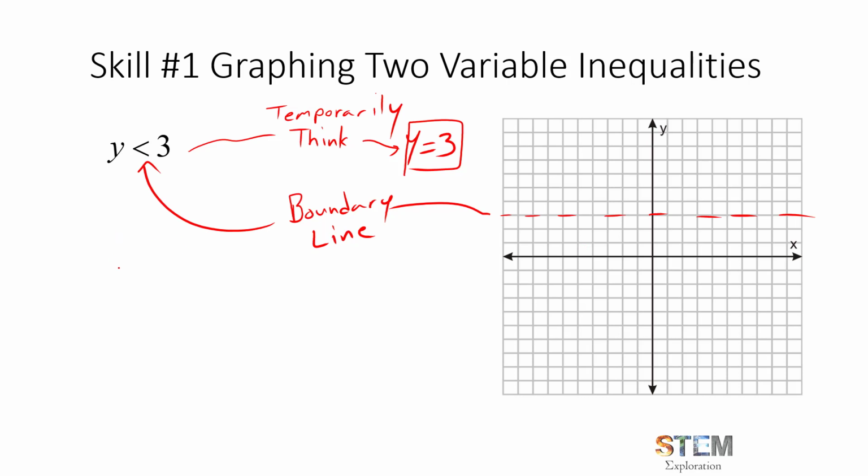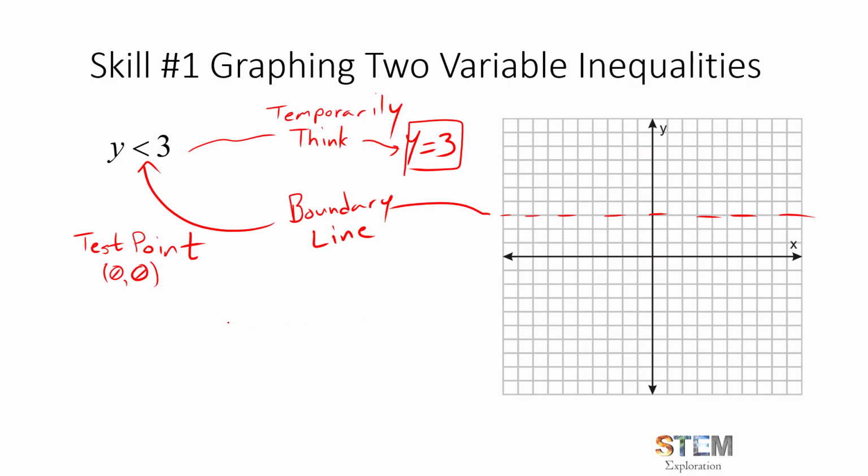Typically, I like to use 0, 0 as a test point, and I will exclusively use this in examples unless my boundary line crosses through the origin.